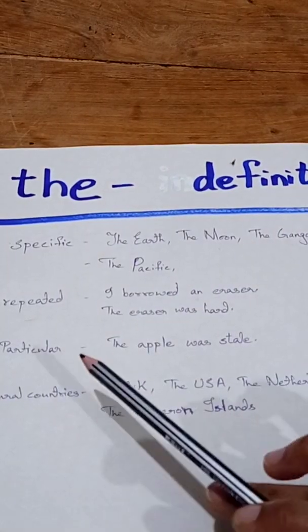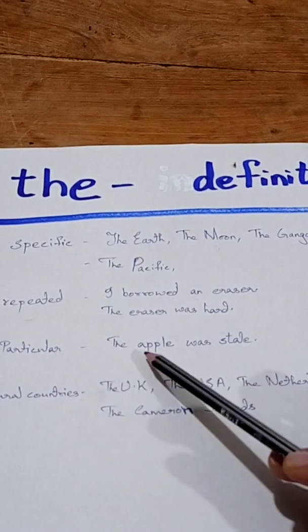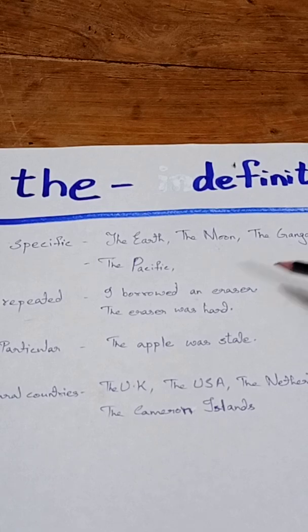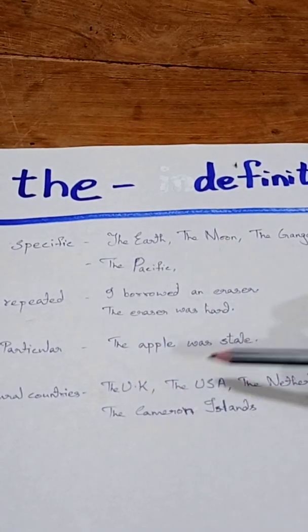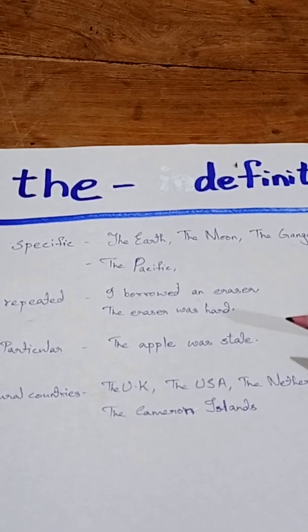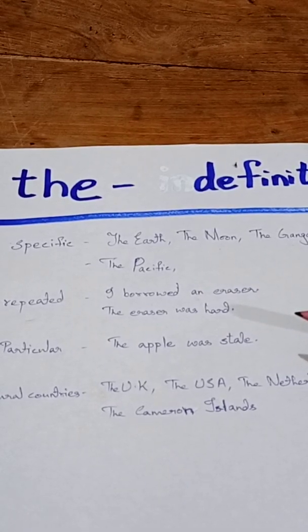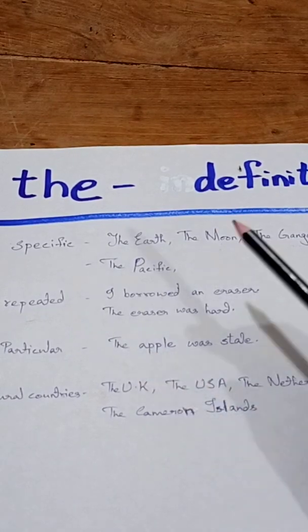Okay, children. Now, if you are particular about which object you are talking about, again you can use the article the. Like, the apple was stale. See, there were many apples in your fridge, but the one apple you took out and ate was stale, and if you are talking about that particular apple, then you use the article the.